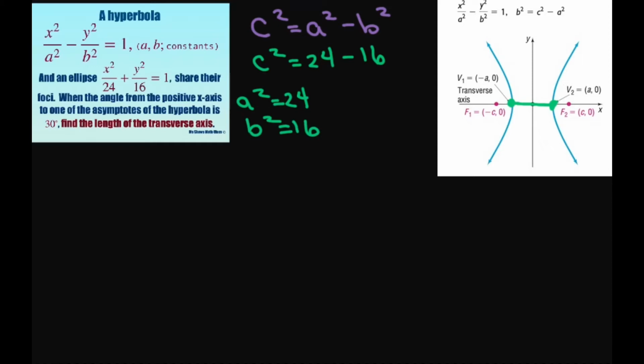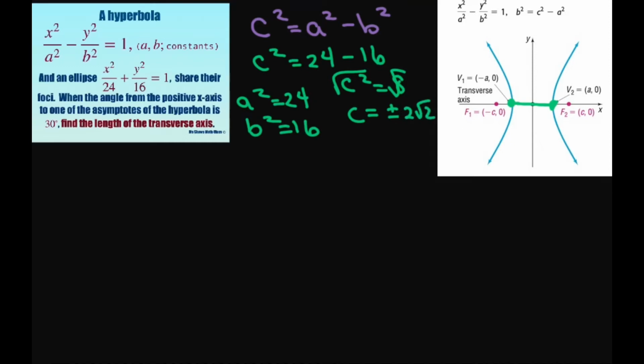So c squared equals 8, and when you square root both sides, you get c equals plus or minus 2 square root of 2.